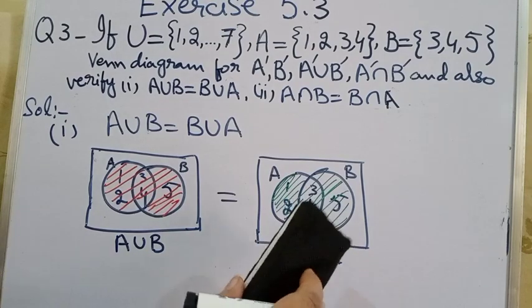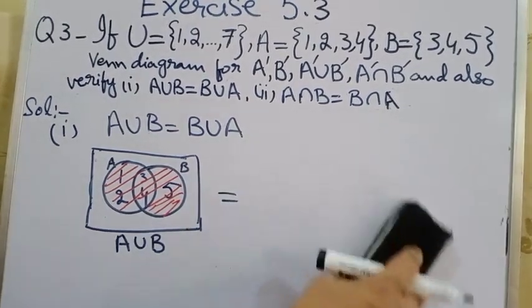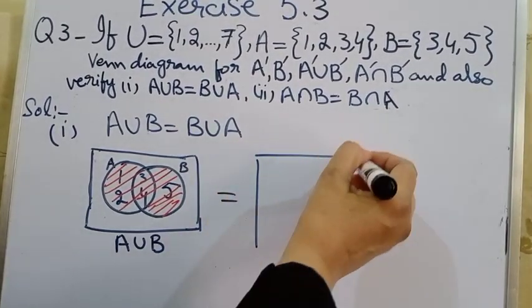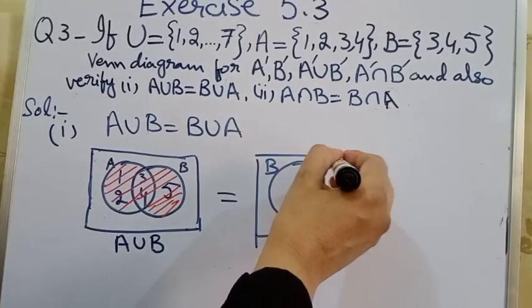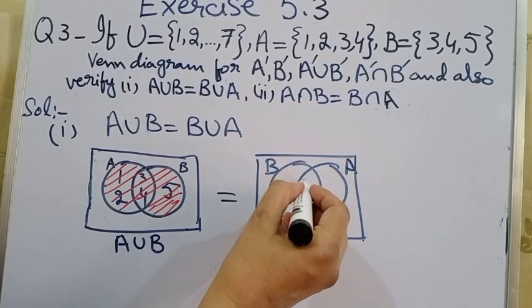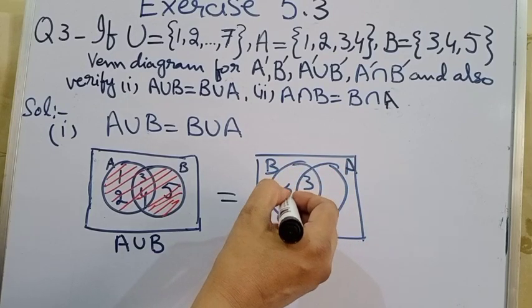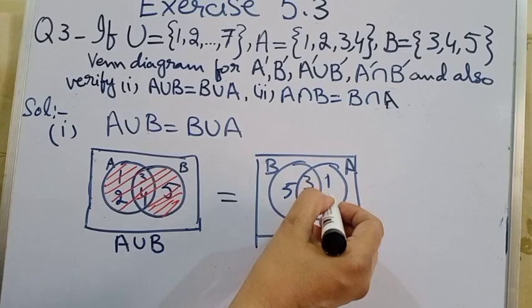If you feel uneasy, we can draw set B here and set A here, with 3, 4, 5 and 1, 2.